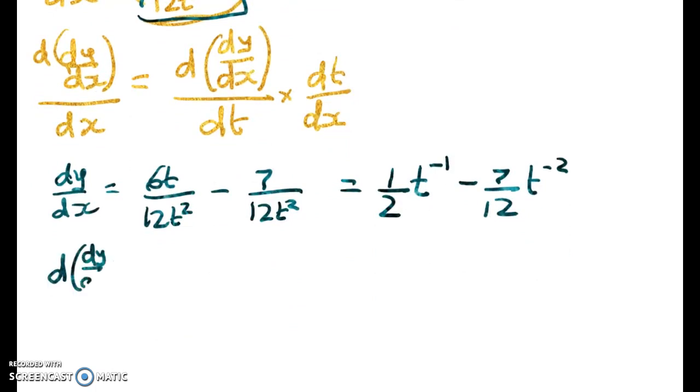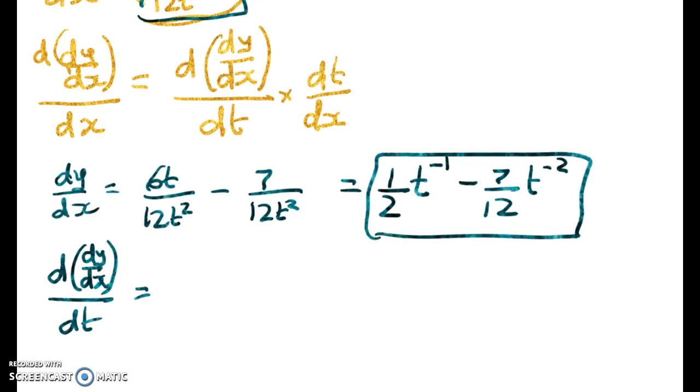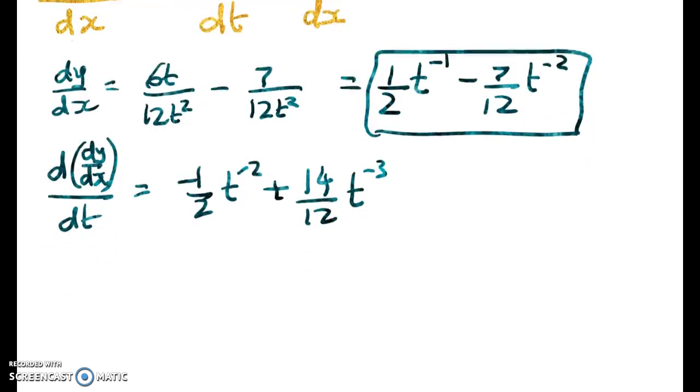The derivative of this with respect to t is going to be -1/2 t to the negative 2 plus 14 over 12 t to the negative 3. Now let's just clean that up a little bit. We get that, plus 7 over 6t cubed.